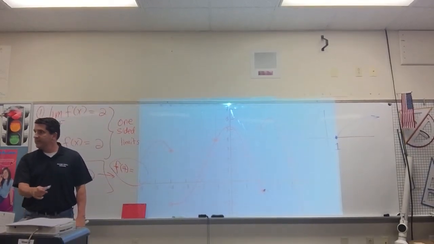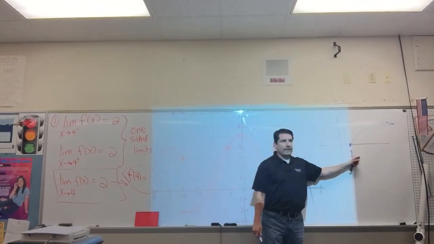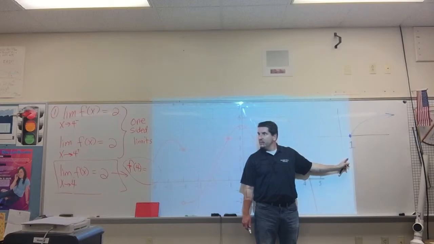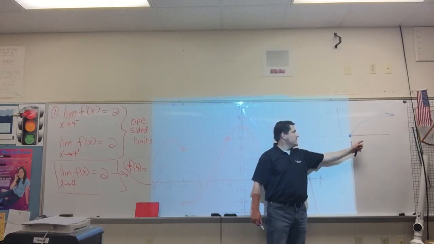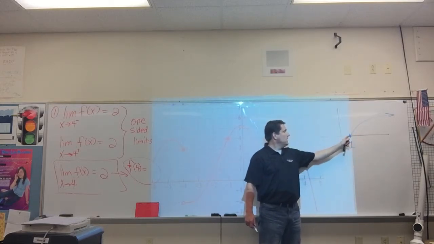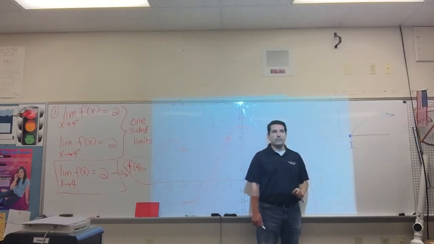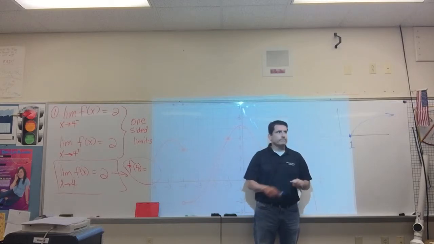Okay, there's no domain values. If this is the case, then the right-hand limit is the limit. Make sense? The right-hand limit is the limit. So in this case, the limit as x approaches 1 is 0 because it's the right-hand limit and there is no left-hand limit. Good question.